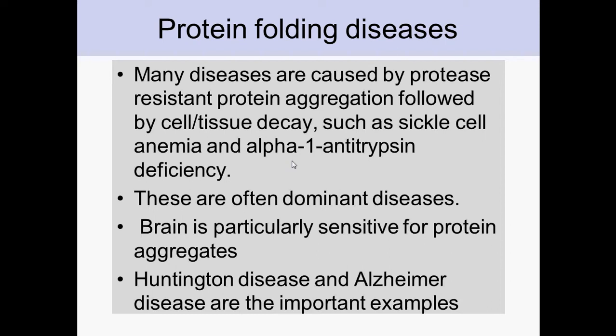The brain is especially sensitive to protein aggregates because the cell can't just apoptose and get rid of the aggregate. The neurons don't replace, so they just die. It also plays a role in Huntington's disease and Alzheimer's, where the protein aggregate blocks the axon.